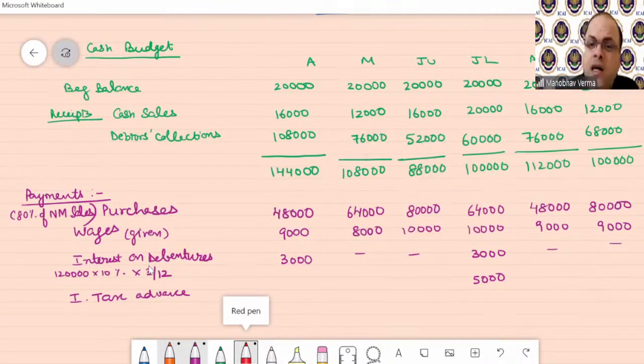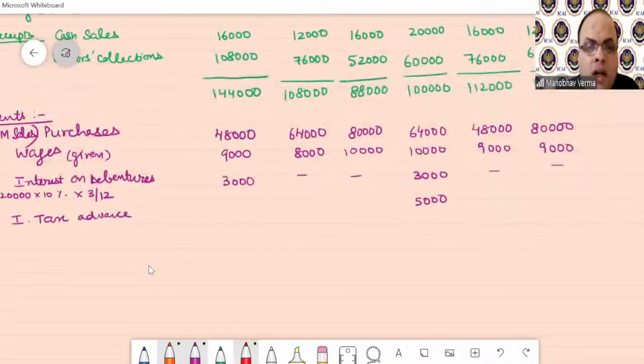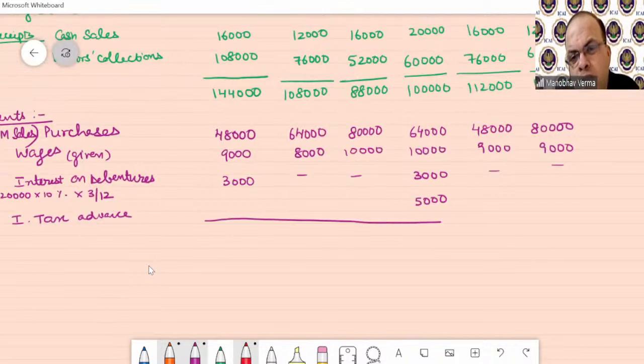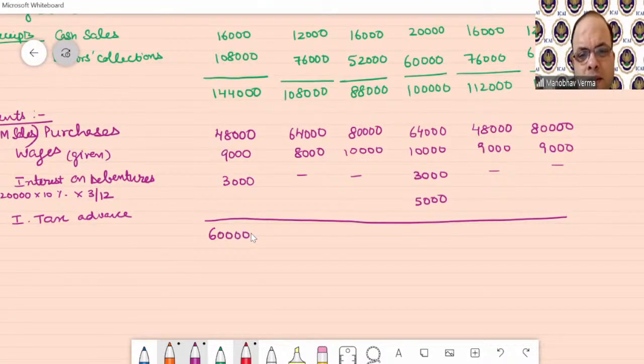We'll see that there are different possibilities, but let's quickly add up the total payments. So we have the total payments here: 60, 72, 90, 82, 57, and 89.